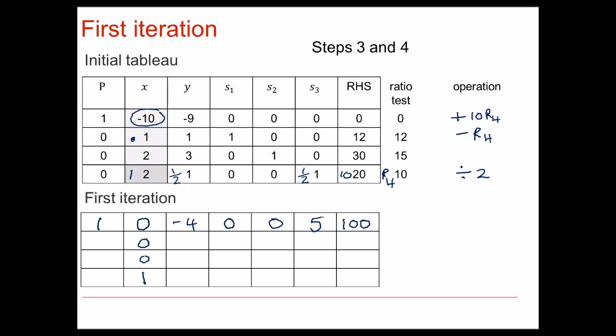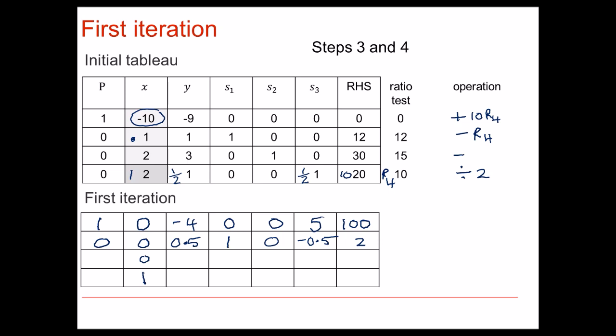So this would give me 0, 0, and then 1 minus a half would be a half. I'll write that as 0.5, but I could keep it in fractions. Sometimes fractions are better if they're more exact. And then 1, 0, minus 0.5, and I have 12 take away 10 gives me 2.